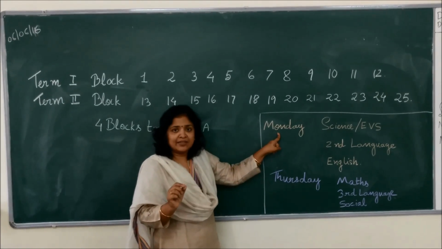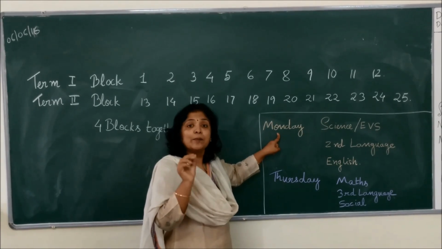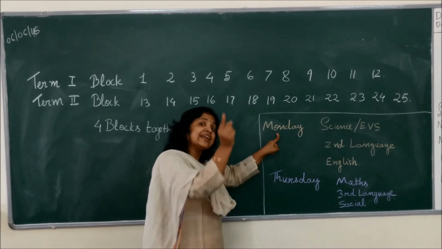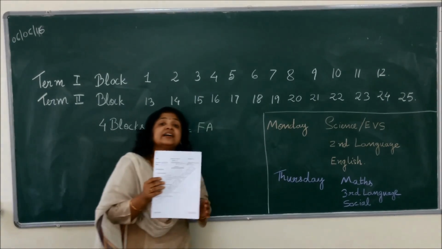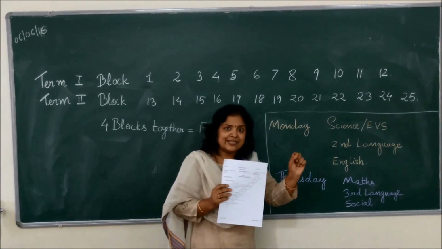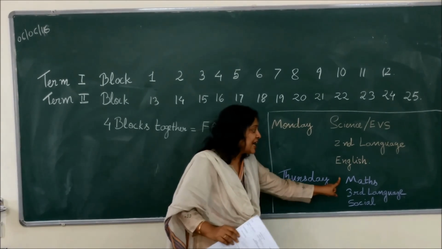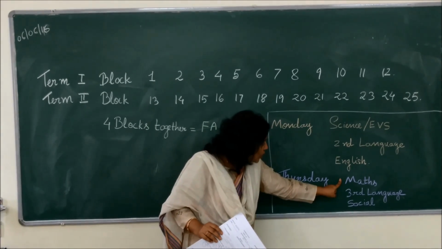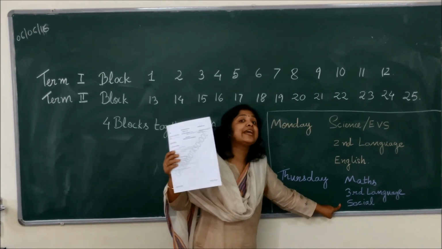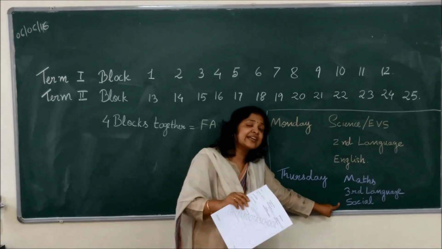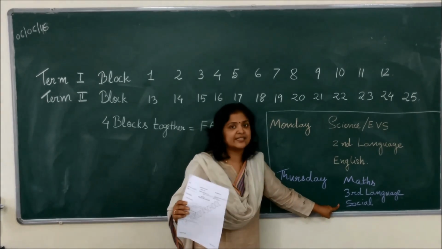Suppose on Monday the child will be writing the block assessment. Exactly the previous Monday, the child would have received the revision sheet to practice. On Thursday, the child will be writing the block assessment of math, third language and social. The child will get the revision sheet exactly the previous Thursday.